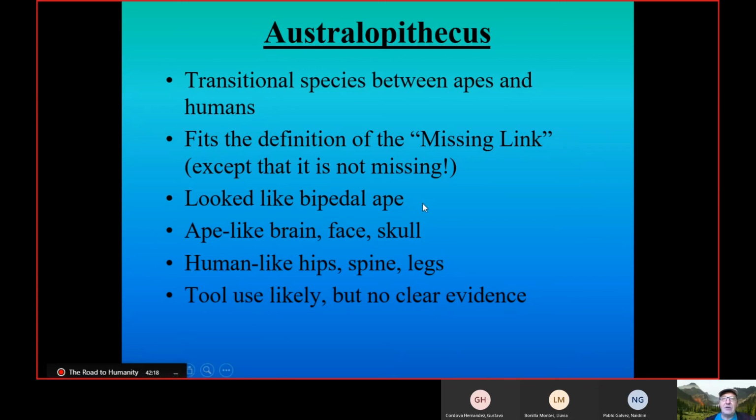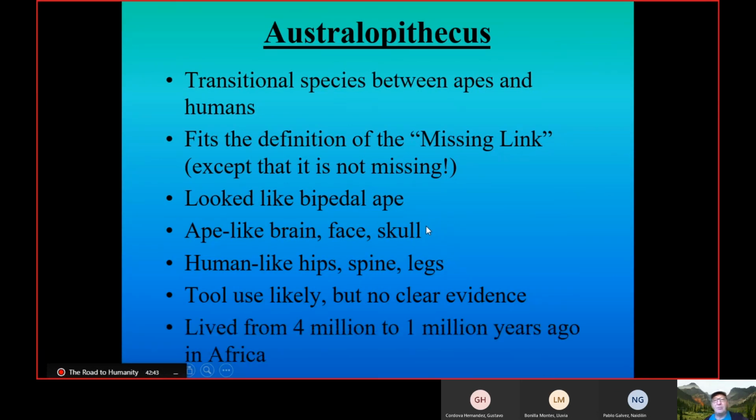Instead, they found an ape that stood up with a small brain. So instead of saying, oh, we were wrong, or instead of trying to hide their discovery, they just said, you know what, this fits, the data is what it is. This fits the theory just as well. So we stood up first and we got smart later.